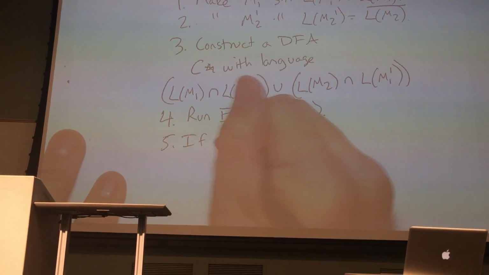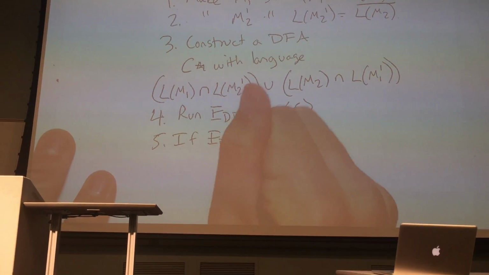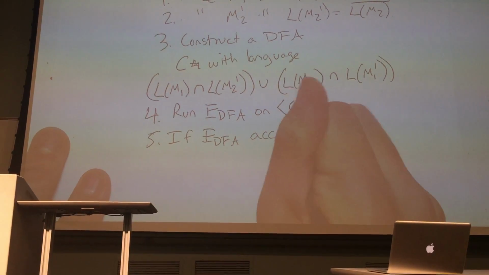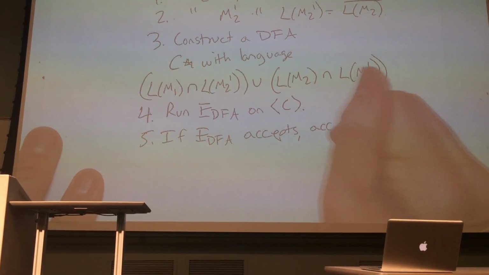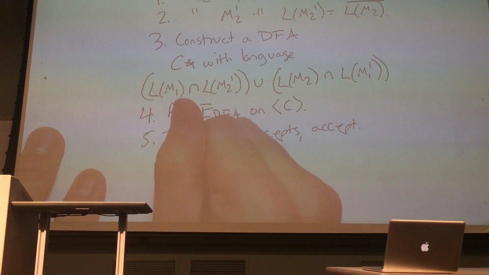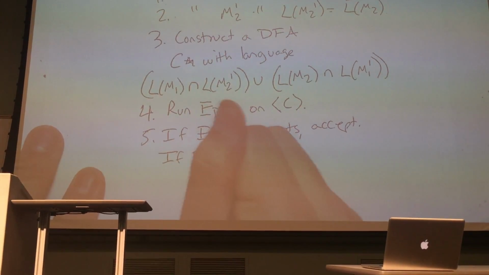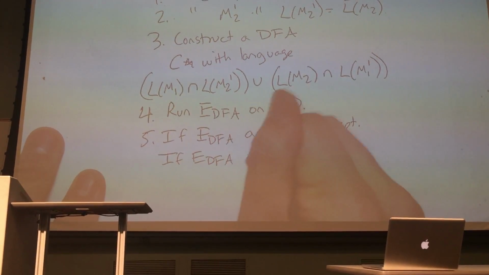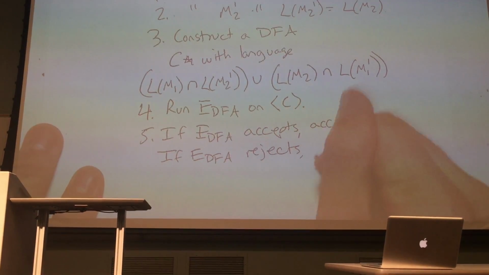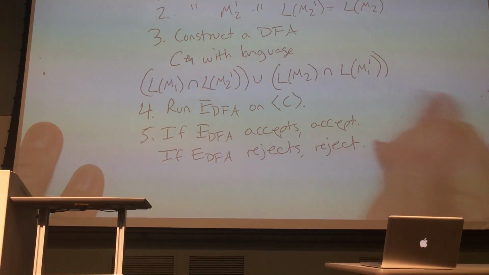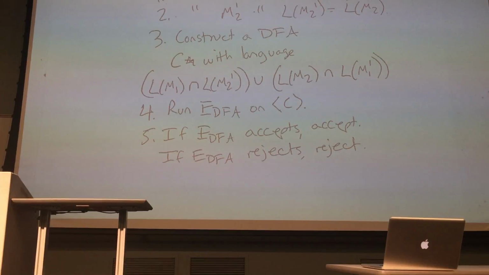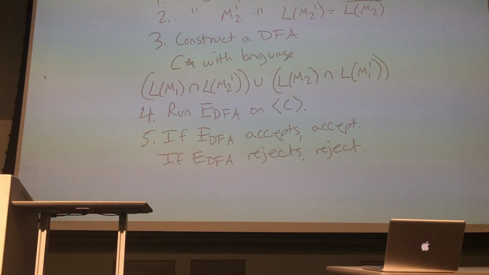If E sub DFA accepts, accept. If E sub DFA rejects, reject. And so that's exactly what I want.